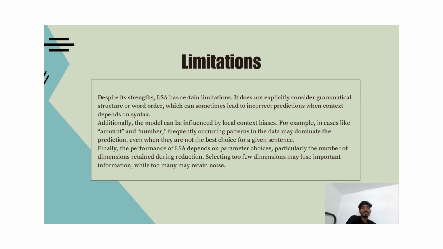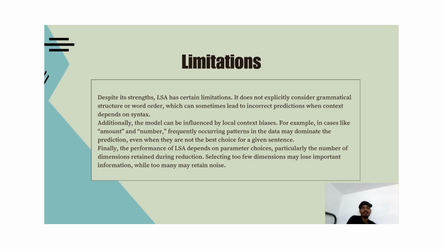Additionally, the performance of LSA depends upon the choice of parameters, particularly the number of dimensions retained after dimensionality reduction. If too few dimensions are retained, important semantic information may be lost. On the other hand, if too many dimensions are retained, noise may remain in the data.